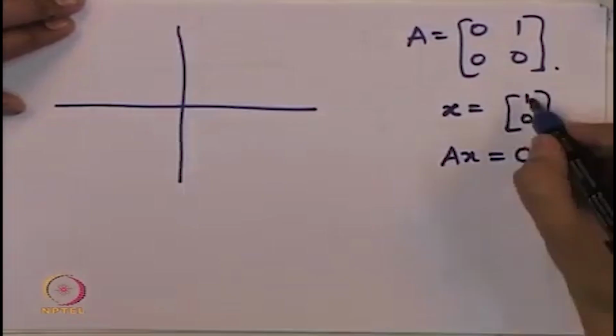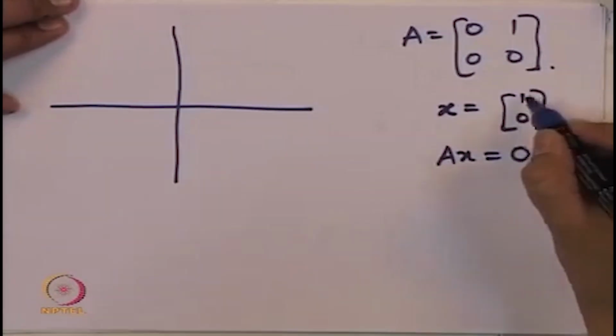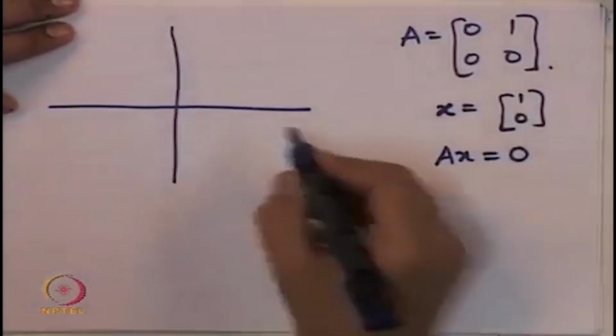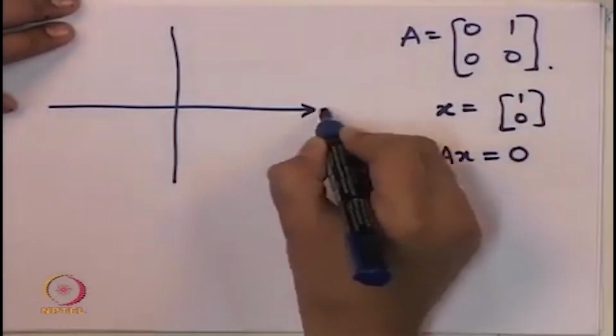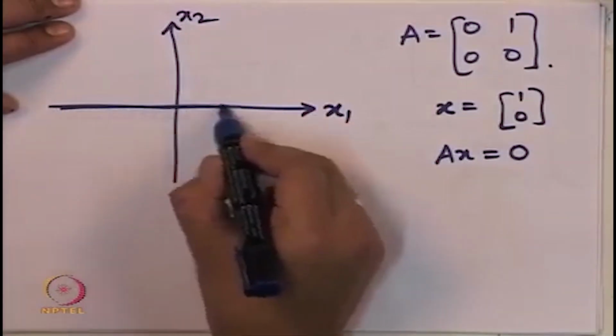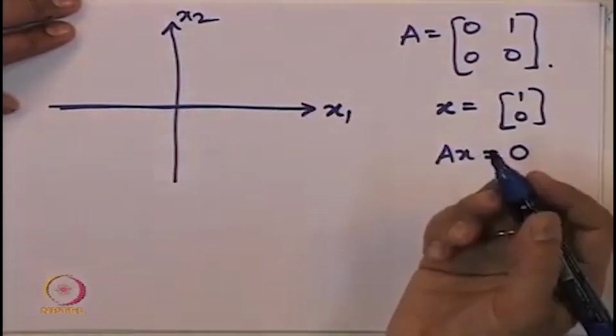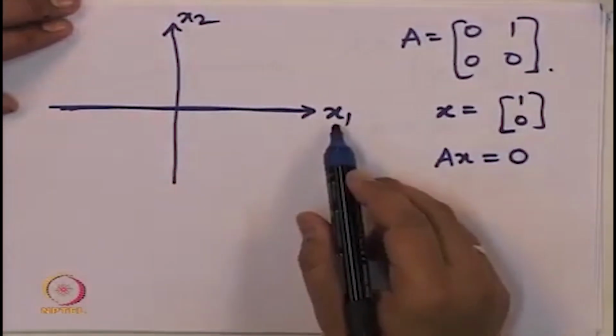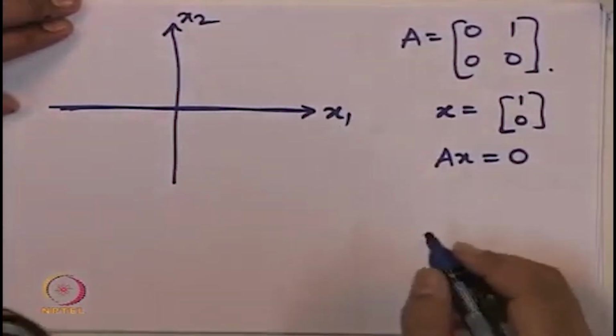So the vector (1, 0) and all linear multiples of this x are in the kernel of the matrix A, they are in the null space of the matrix A, and hence the x1 direction is a set of equilibrium points. What is important about the x1 direction? They all have x2 component equal to 0.